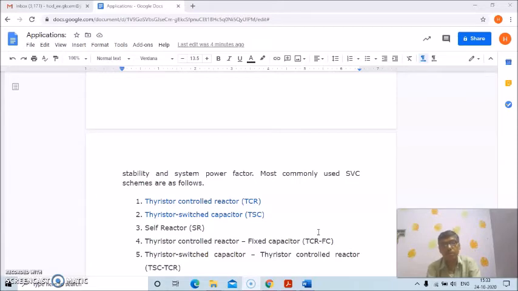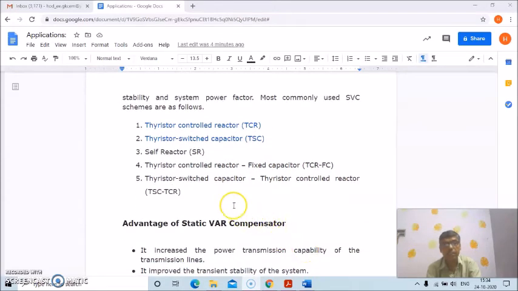The most commonly used SVC schemes are thyristor controlled reactor TCR, thyristor switched capacitor TSC, self reactor SR, thyristor controlled reactor fixed capacitor TCR-FC, and thyristor switched capacitor thyristor controlled reactor TSC-TCR.